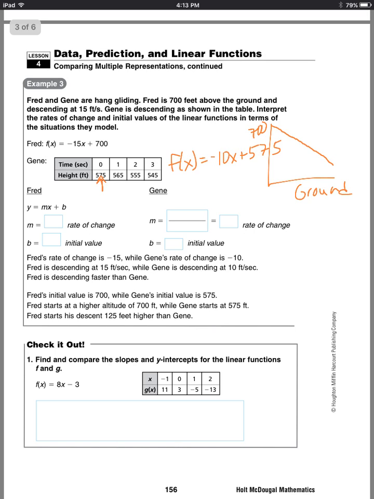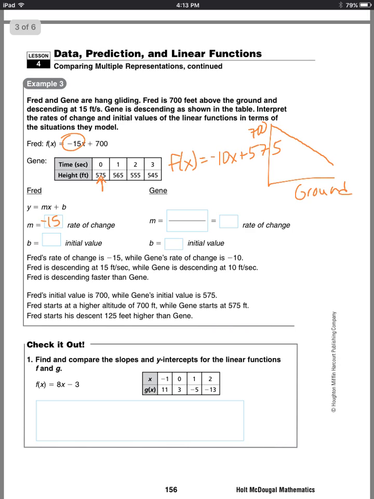So for Fred, we need to find Fred's rate of change, which is the m. The slope and the rate of change are the same thing. Now that we have an equation for each of them, it's pretty easy because we can say Fred's rate of change is negative 15 because negative 15 is the coefficient of x, and that is our slope or our rate of change.